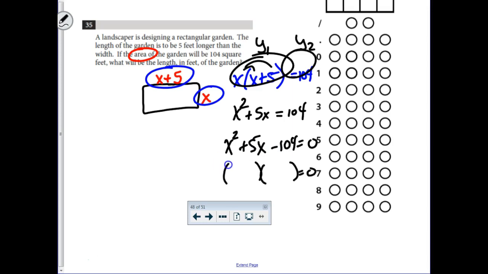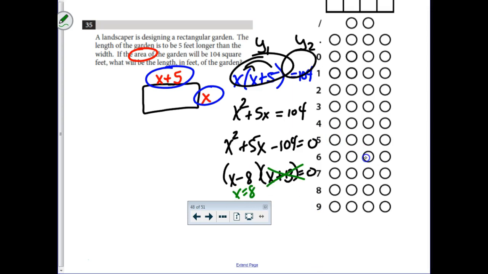Oh boy, 104, that just rolls right off the brain, doesn't it? 13 and something, because the answer's 13. 13 and 8, yeah. All right, so is it x minus 8 and x plus 13? So your solutions are x equals 8, and this one's going to be a garbage solution.